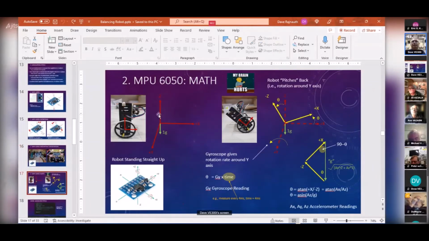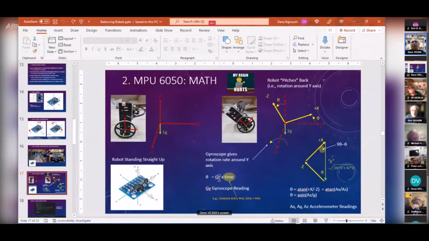But to get the angle, you're just using trigonometry, like high school math. You're looking at that rotation, for example about the y-axis, and you can use trig to figure out what that angle is, and that's what I'm doing here. I won't get into that.